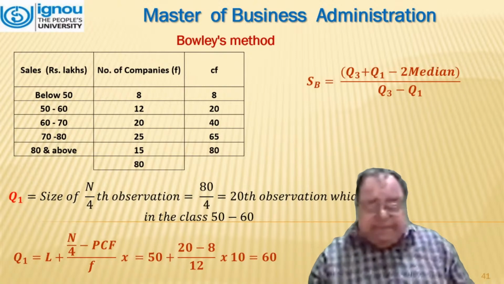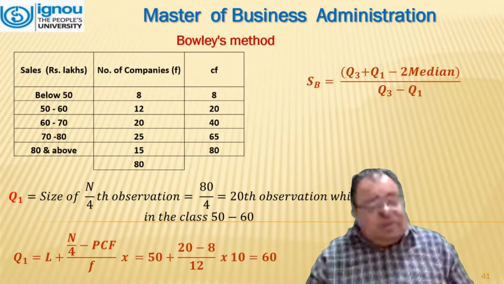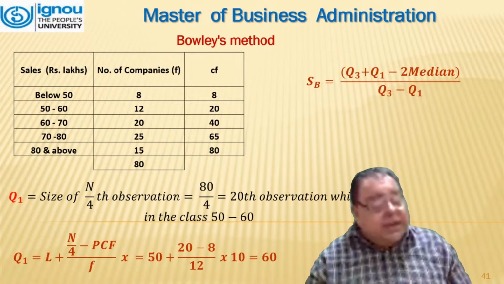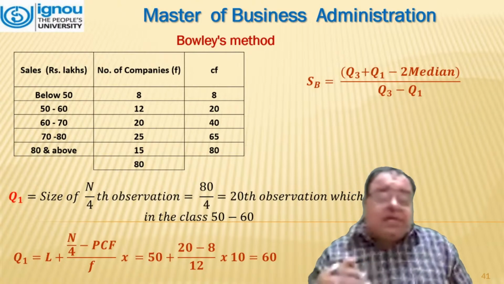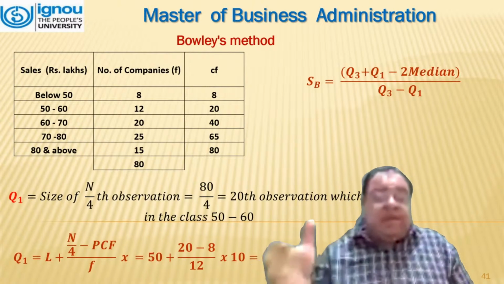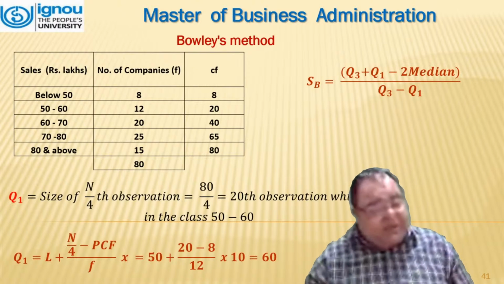We have to find quartile 1. First of all, we will be finding the size of the n by 4 observation. Your n is 80. 80 divided by 4 is 20. Since we have to evaluate Q3, Q1 and median, we have to calculate cumulative frequency also.